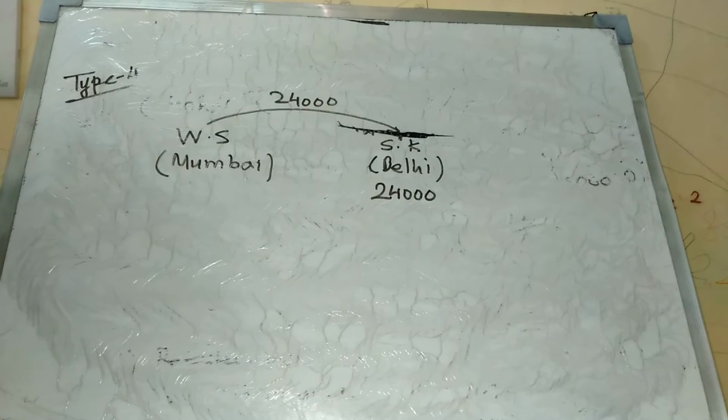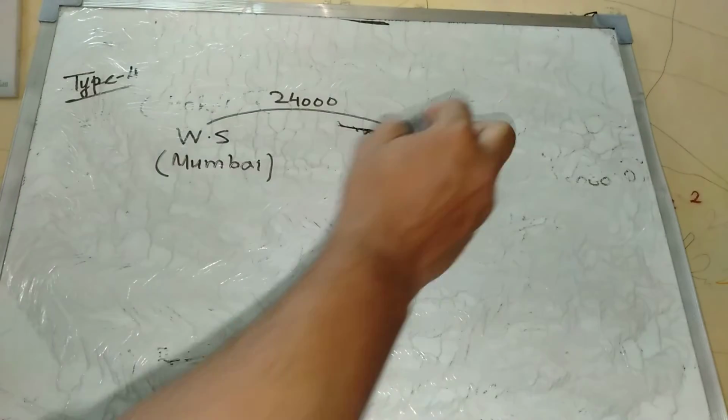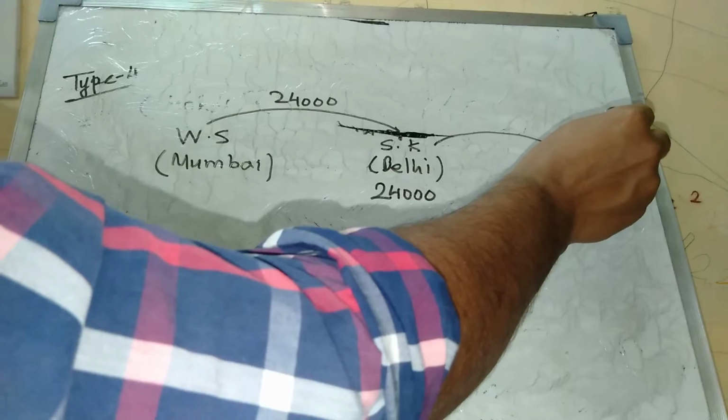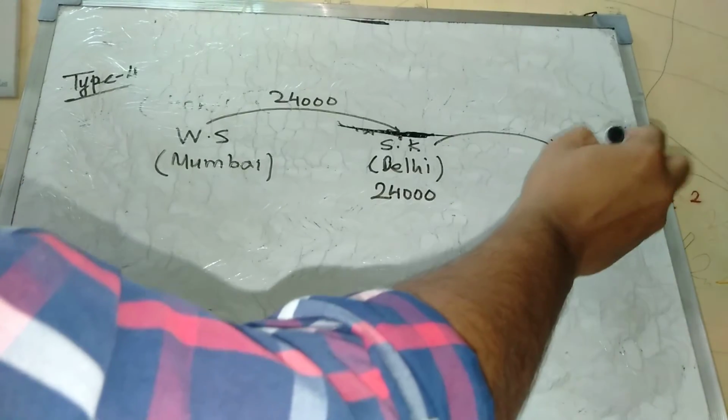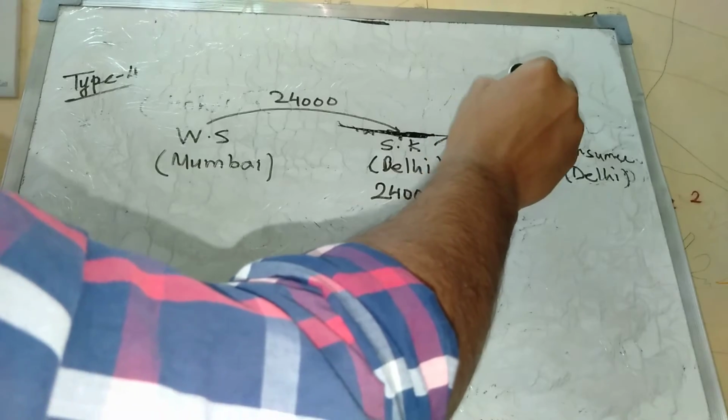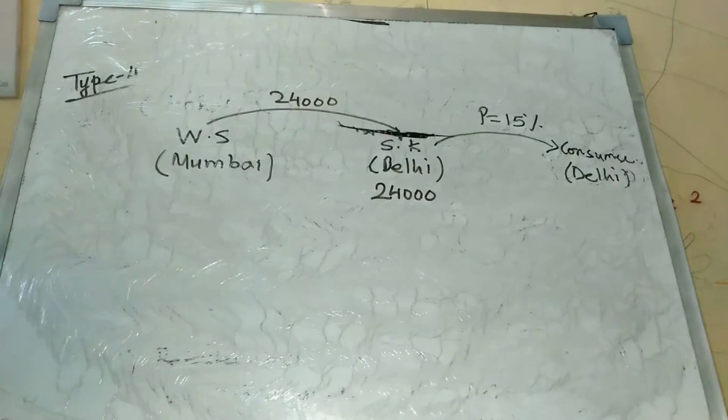Now, the shopkeeper sells the article to a consumer in Delhi itself at a profit of 15%.